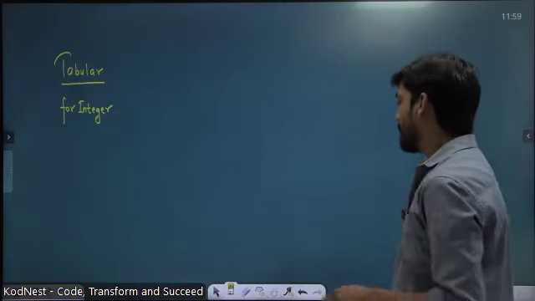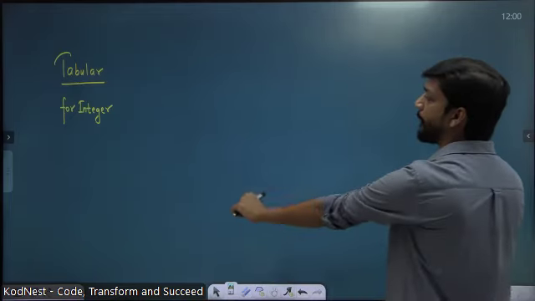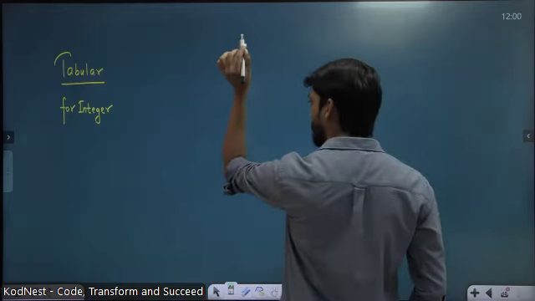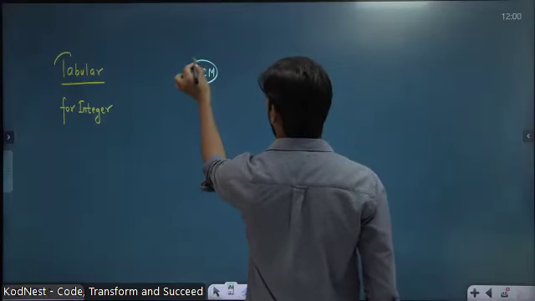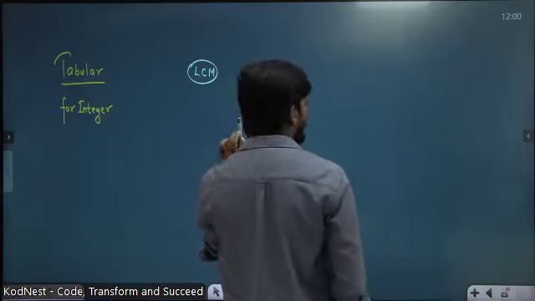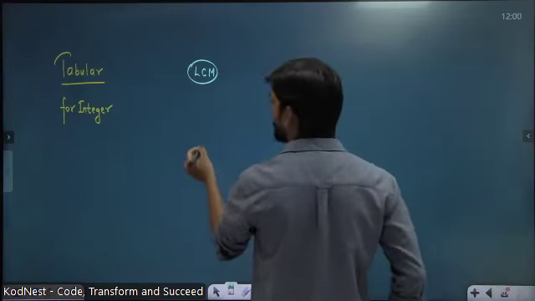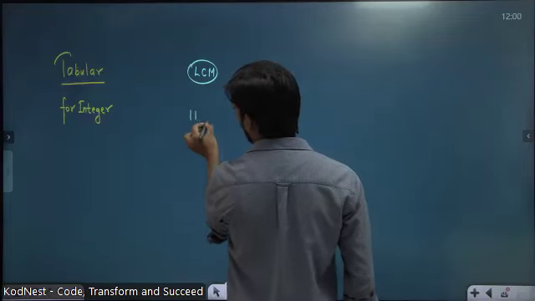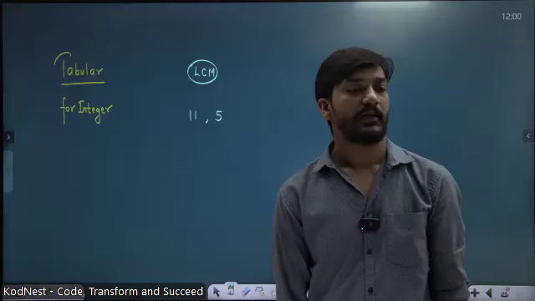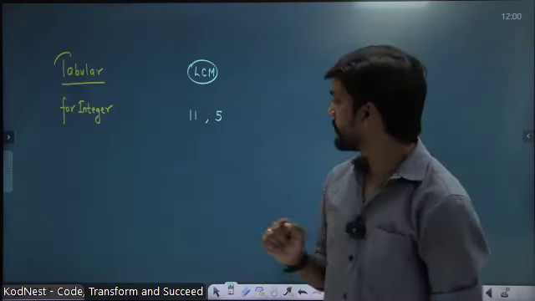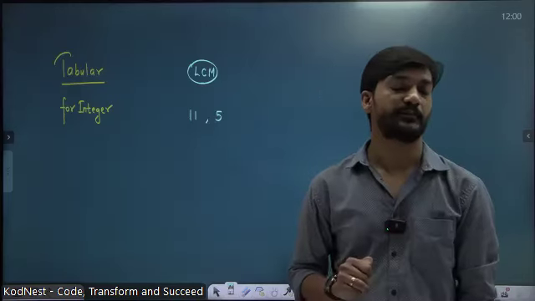One more thing. If I tell you in a very brief way, for example, let's suppose there are two numbers, 11 and 5. I want to calculate LCM. Please carefully answer. 11 and 5, do they have any common factor?